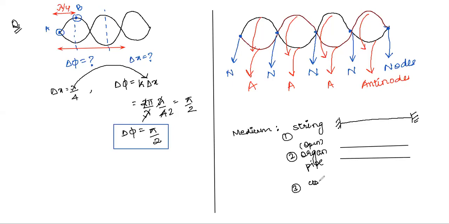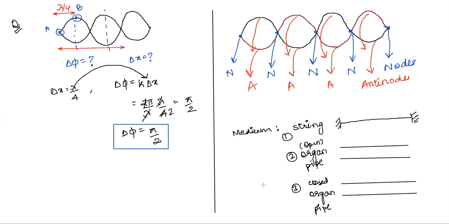When I say a closed organ pipe, some students misunderstand this. Closed organ pipe does not mean closed at both ends. Closed means the organ pipe is closed at one end. Otherwise, it will no longer serve as a pipe, right? In order for this cylinder to serve as a pipe, at least one end should be open and the other end closed.